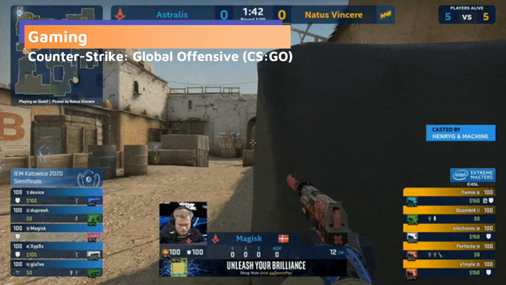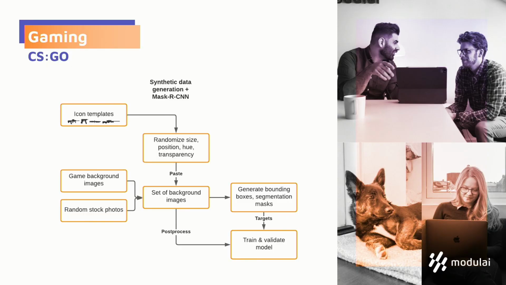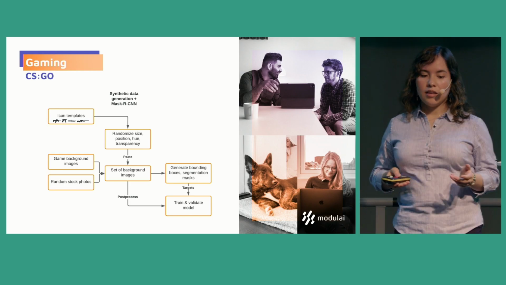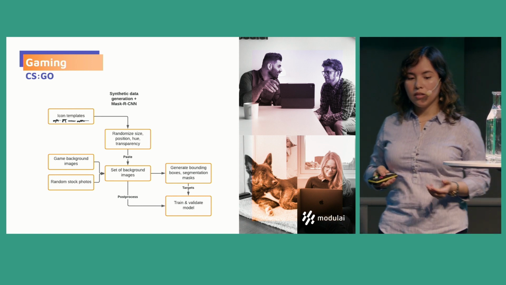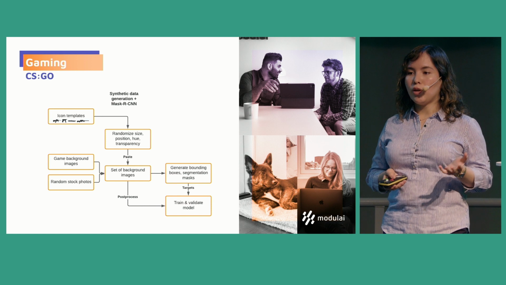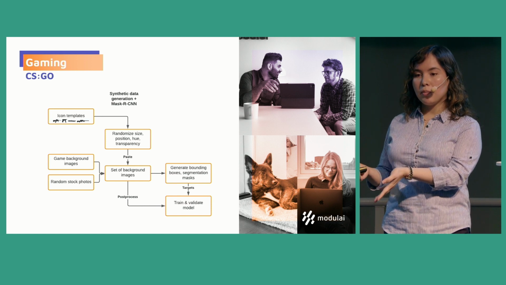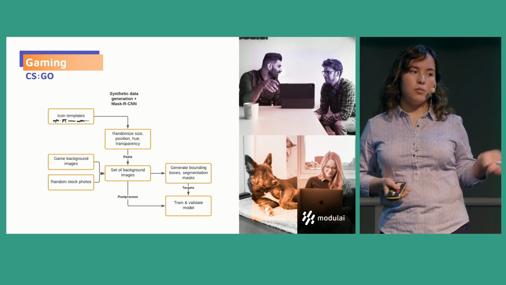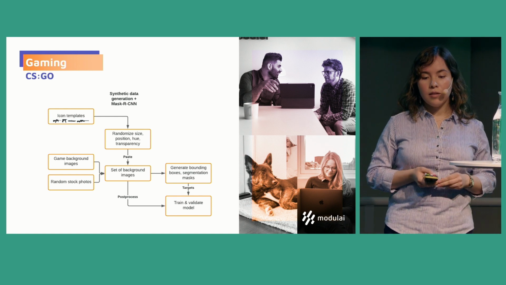And for that, we used a simple approach with synthetic data. We collected the different icons that could appear on the screen. We did some randomization. We also collected images from the video game itself and some images from open source data.